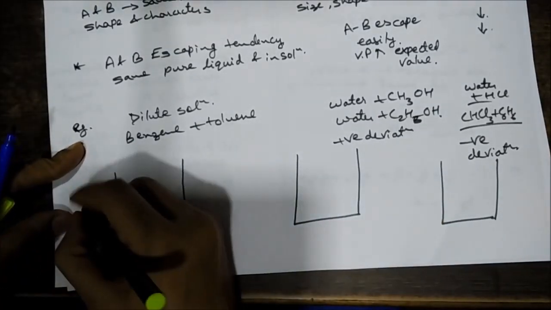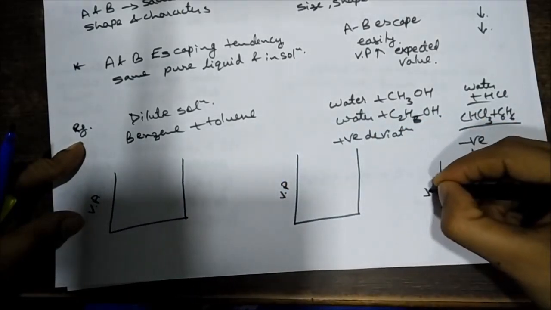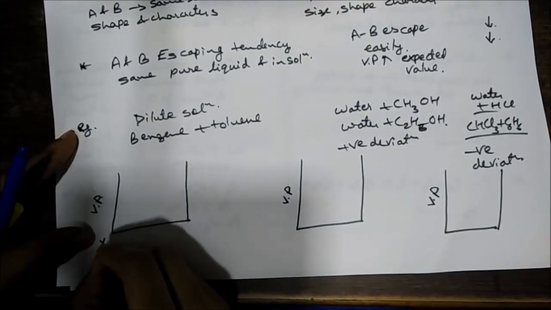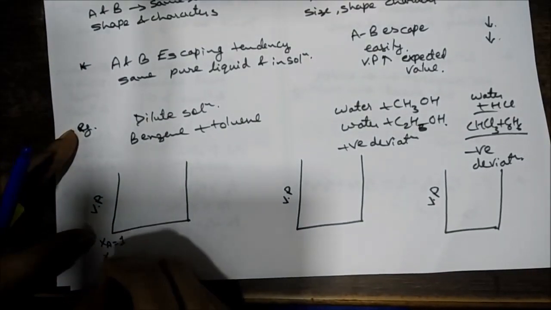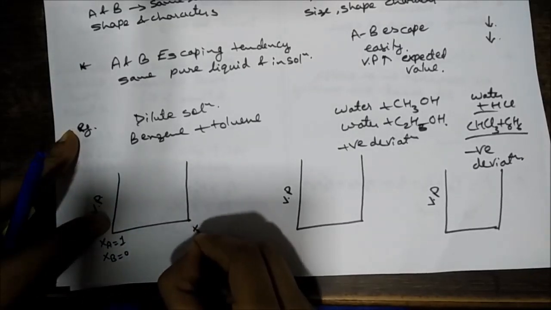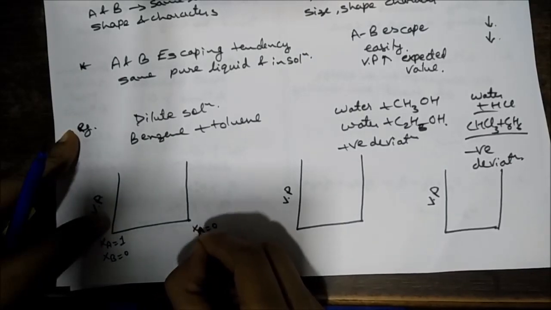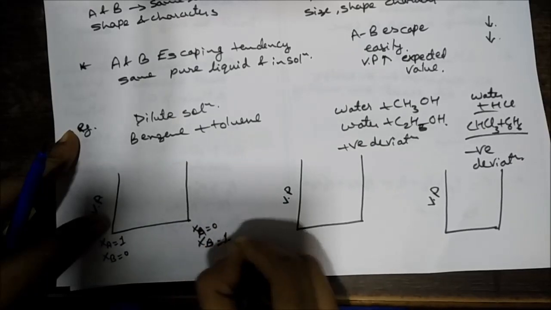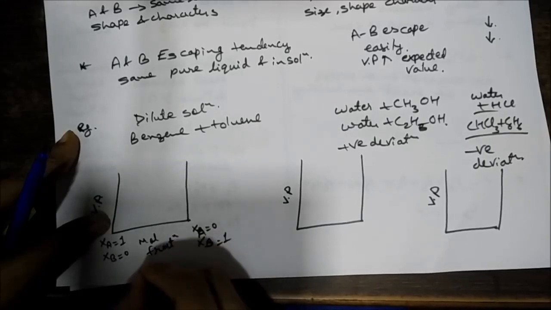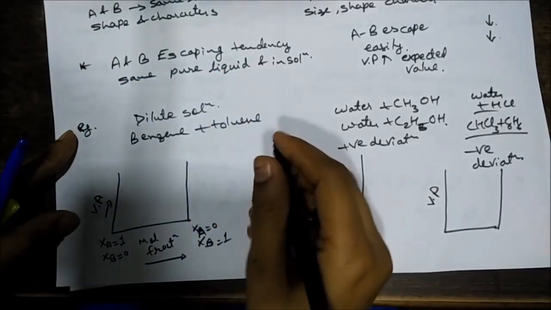Here we are taking vapor pressure, and here the mole fraction of component A is 1 and XB is 0, and here XA is 0 and XB is 1. The X-axis is mole fraction and on the Y-axis it is vapor pressure.